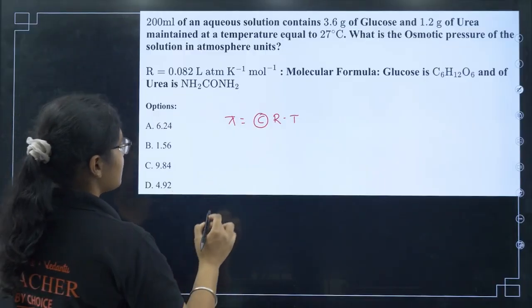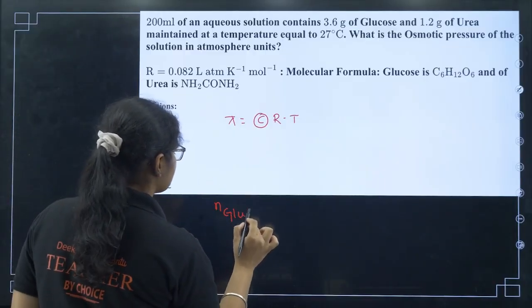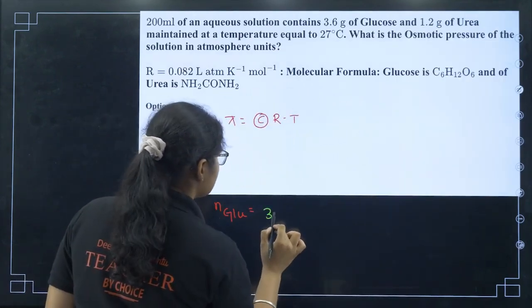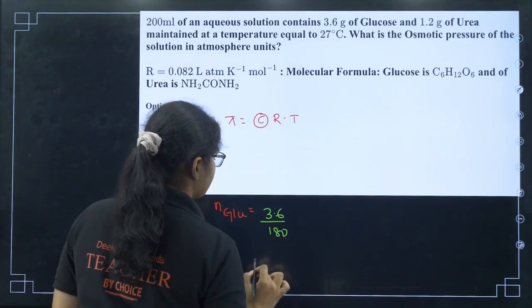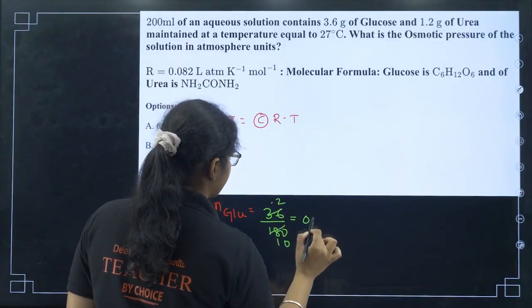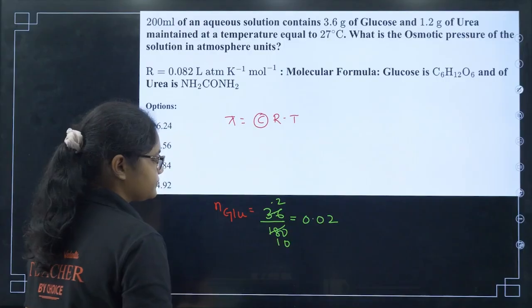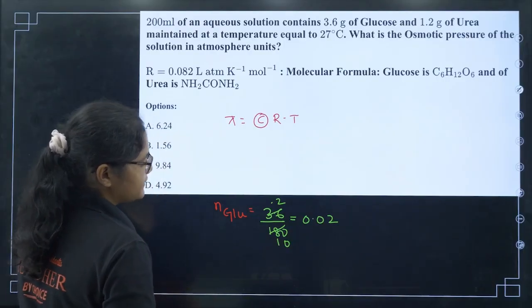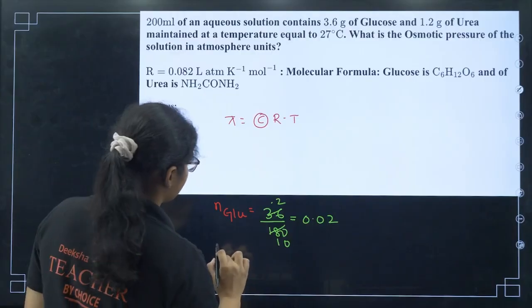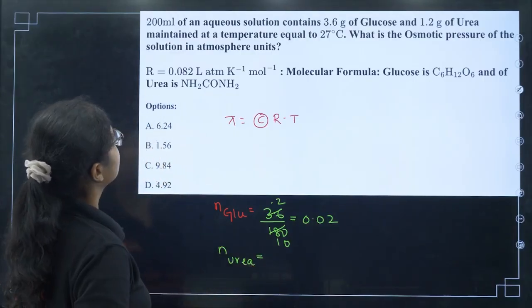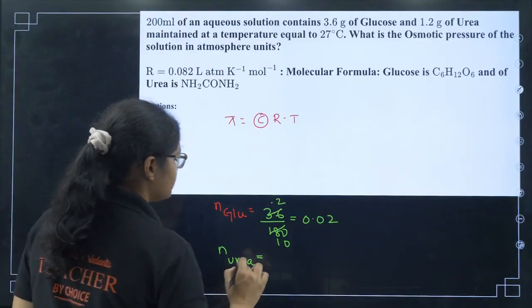Okay, so what is the number of moles of glucose here? So I will just calculate the number of moles of glucose, that is 3.6 by 180. So I will get 0.02. Next I have number of moles of urea. Okay, so that is how much? Number of moles of urea will be 1.2 by 60.